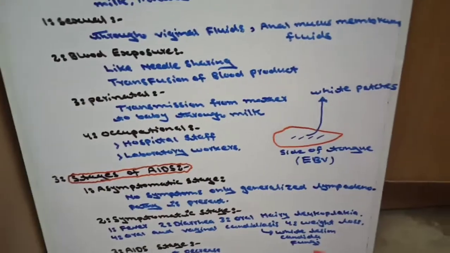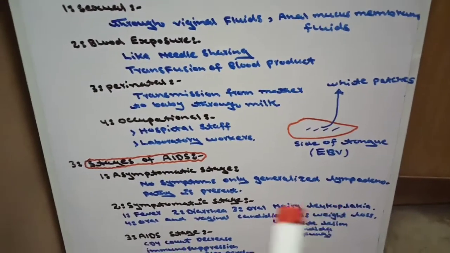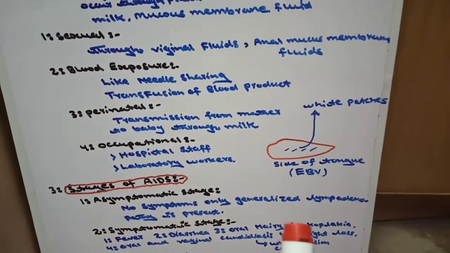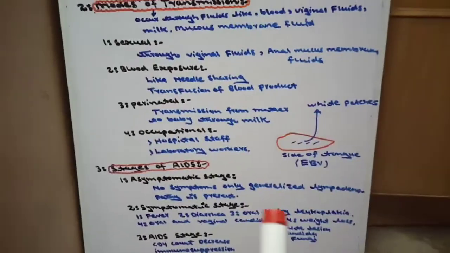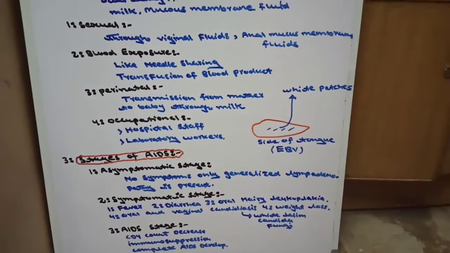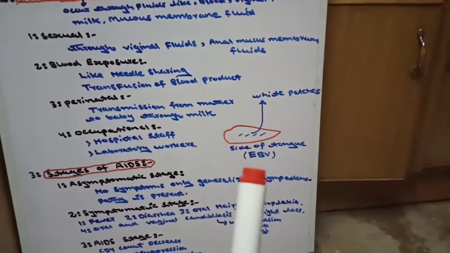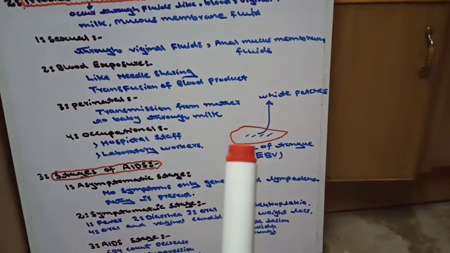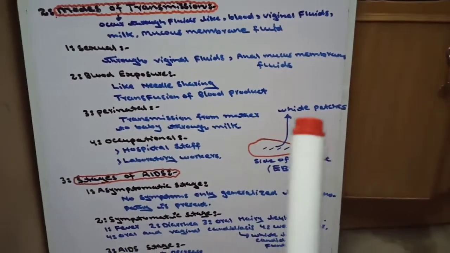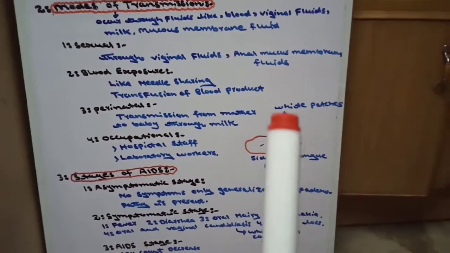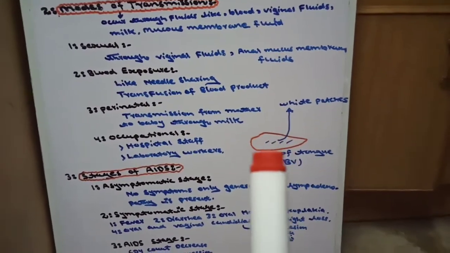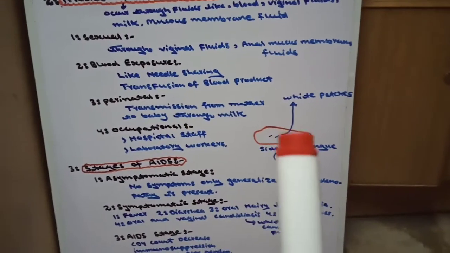Now, what is oral hairy leukoplakia and what is oral and vaginal candidiasis? Oral hairy leukoplakia is basically opportunistic infection which is caused by Epstein-Barr virus, which is actually a white patches which present on the lateral surface of tongue and look like hair.